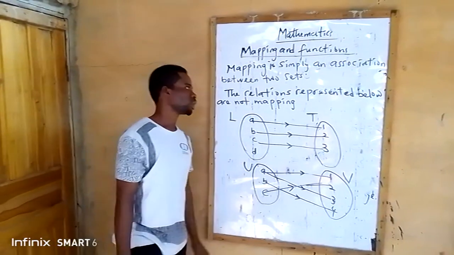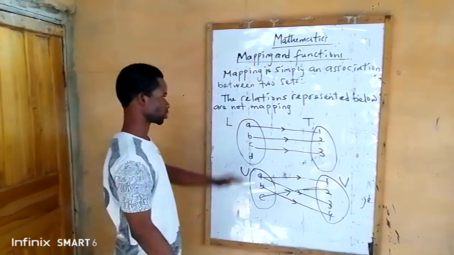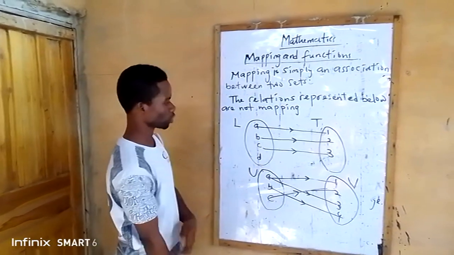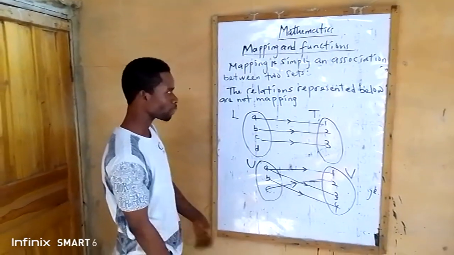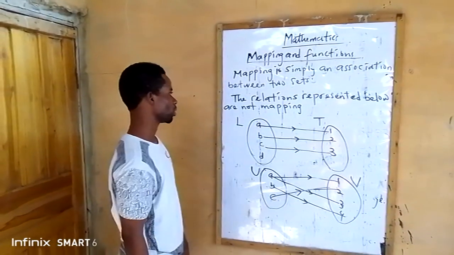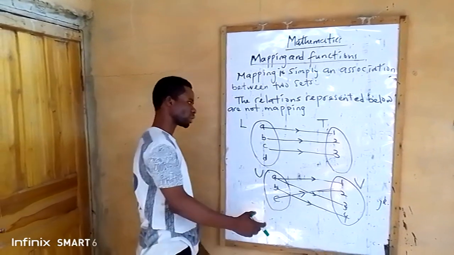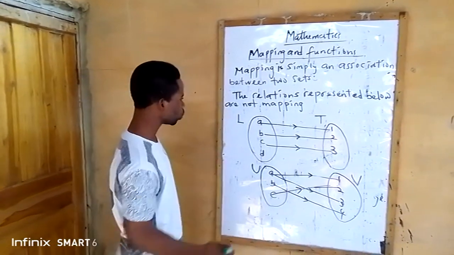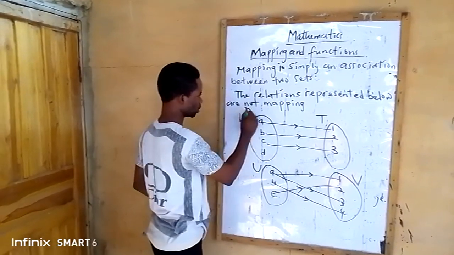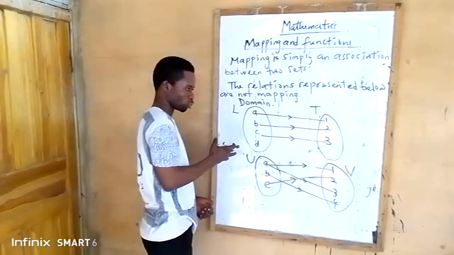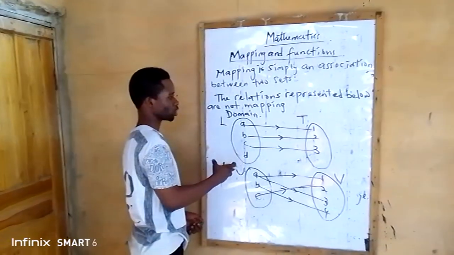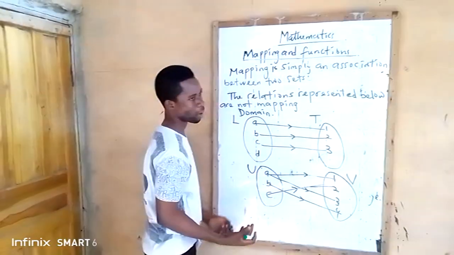Now, if you look at these kinds of relations, these two on the board, they are not mapping. They are not mapping and they are not functions. Why? Because anytime you see diagrams in the domain like this, where there is an element left out, it shows you that it's not a mapping or function.